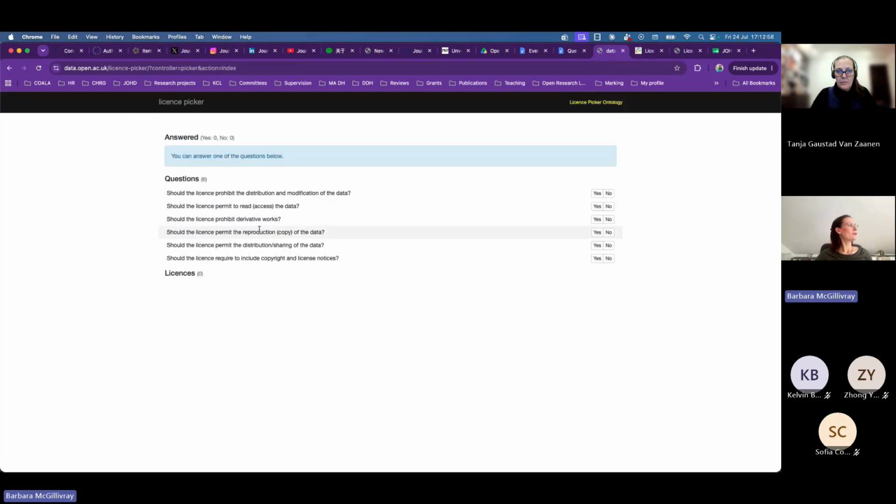And there's also this license picker by Open University, which you might also find helpful. There are lots of resources to support your choice. Sometimes the choice is forced by conditions on your grant or funder. And sometimes it's a question of thinking about what you want people to be able to do with your data and what restrictions you want to apply.